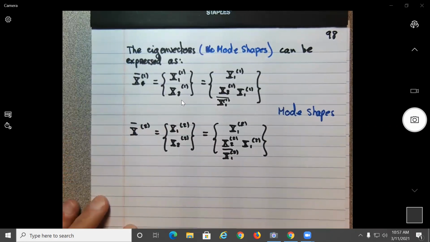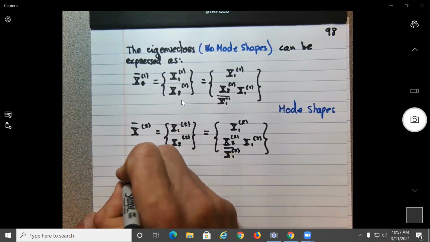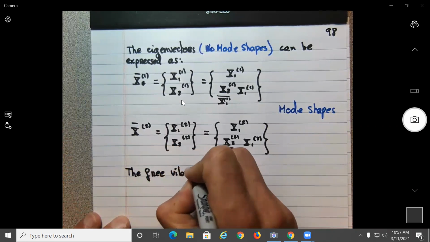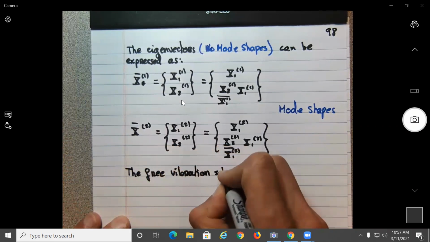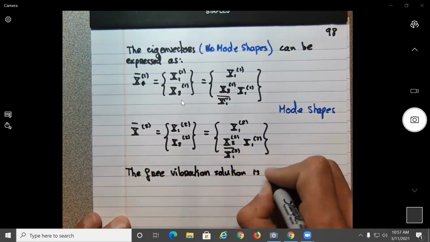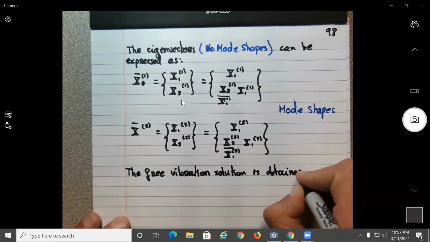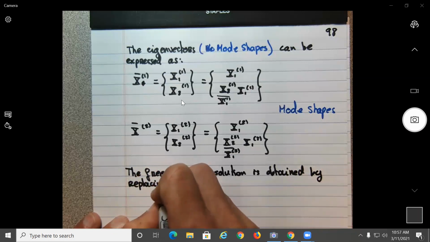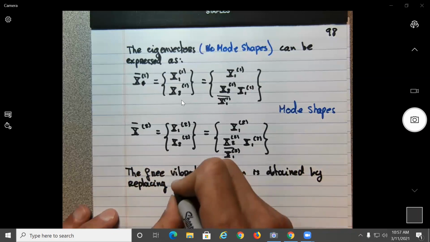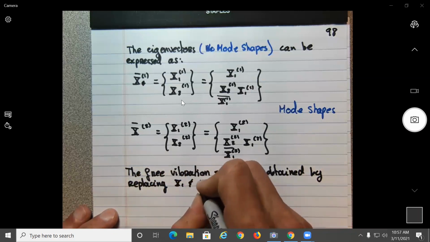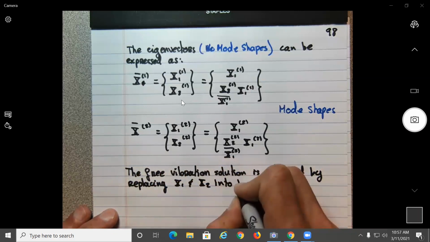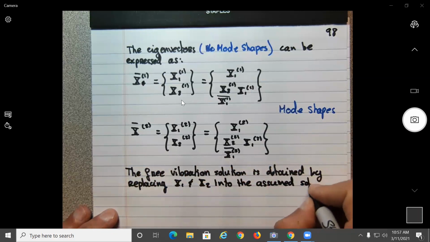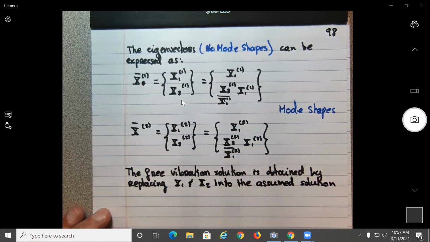All right. So the free vibration solution is obtained by replacing x1 and x2 into the assumed solution.